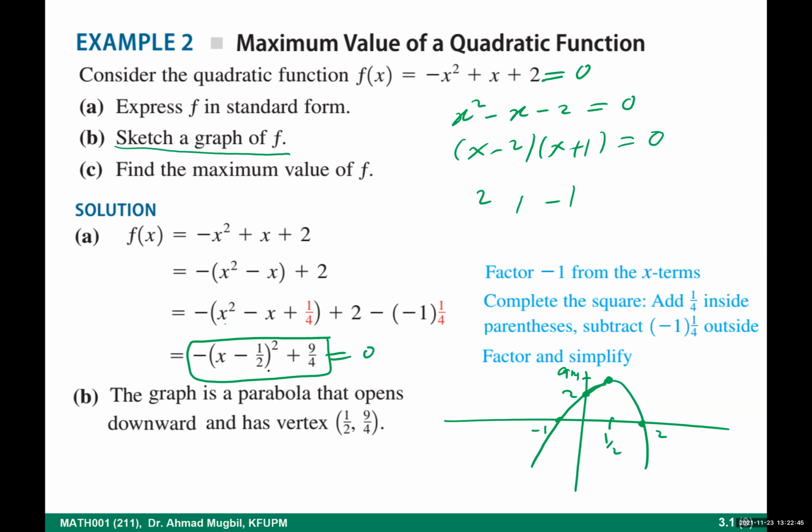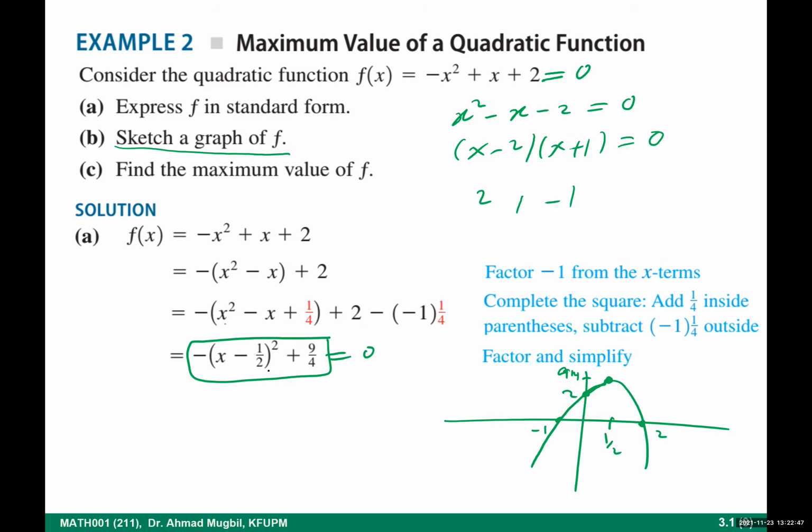Yes, if we find one x-intercept, we can shift it the same way for the other. You are right, good point. Where is this coming from? This is coming from the symmetry. Because it is symmetric, the distance from here to here is the same as from here to here.